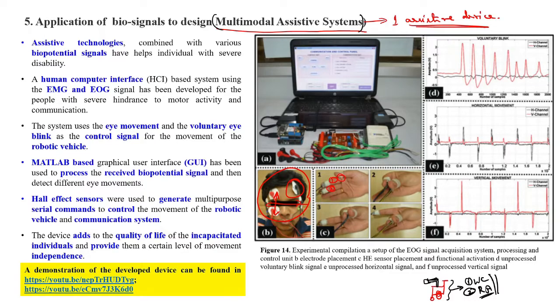So if you bring this magnet towards the Hall effect sensor 1, then it activates the wheelchair module. On the contrary, say you bring this magnet towards the second Hall effect sensor, then it will initiate the controls for the robotic arm.